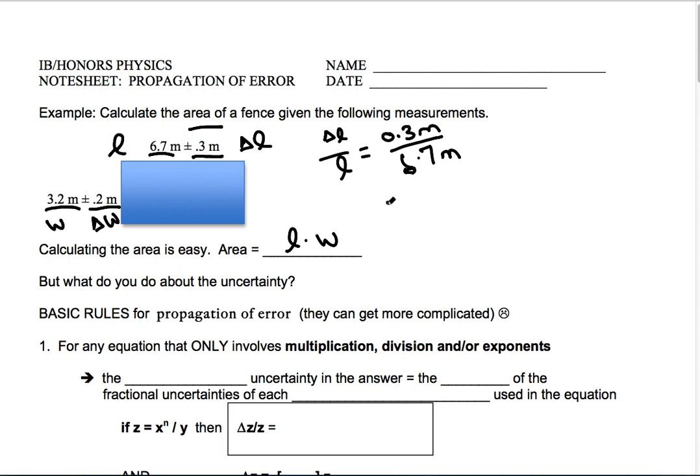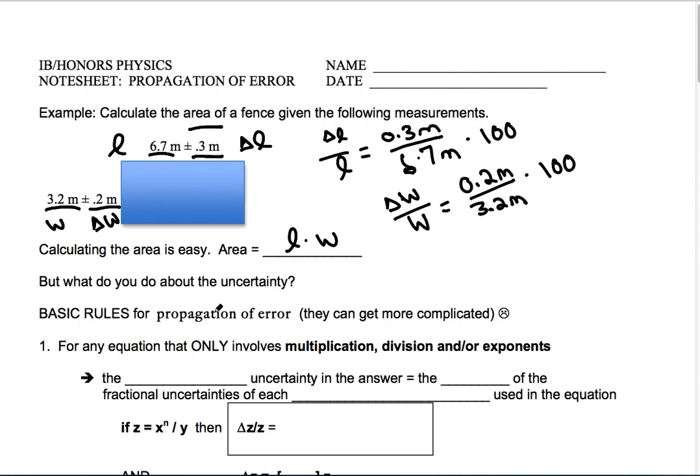If I wanted to find my fractional uncertainty in my width, I would take my uncertainty in my width divided by the width, and that would be the 0.2 meters divided by the 3.2 meters. If I wanted to find the percent uncertainty, all I would do is multiply this by 100. Okay, so those are our three terms: absolute uncertainty, fractional uncertainty, and percent uncertainty.